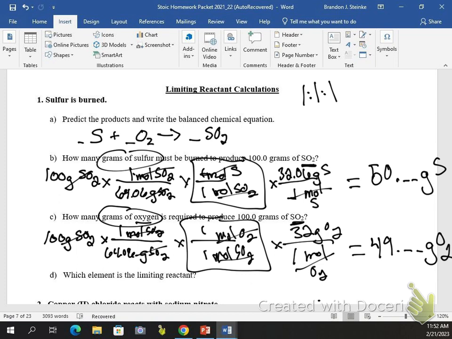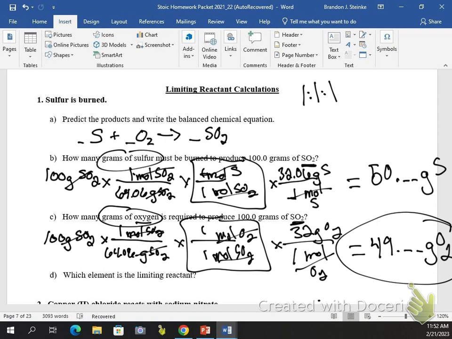So if I look at my answers, which one has the least amount needed to get to the same amount of product? Oxygen. That's the least amount, right? Even by a little bit, not even a full gram. But what we're saying is we need the least amount of this to get to the same amount of mass.